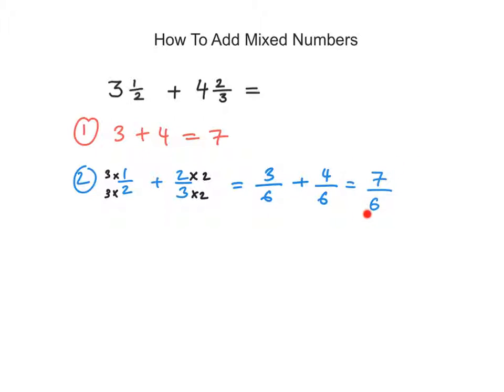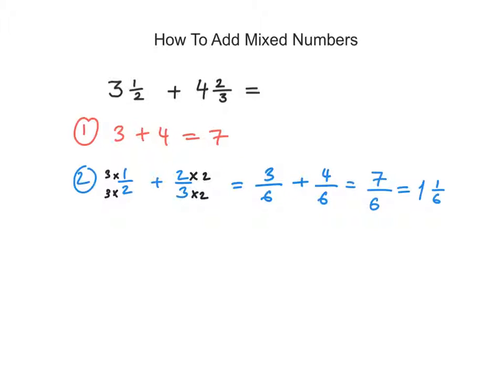So if we convert this into a mixed number, how many 6's go into 7? Well, clearly only one 6 goes into 7, and the remainder is 1. So the answer to this one is 1. Remainder is 1, so we write the remainder 1 over the divisor 6, so that's 1 and 1/6.